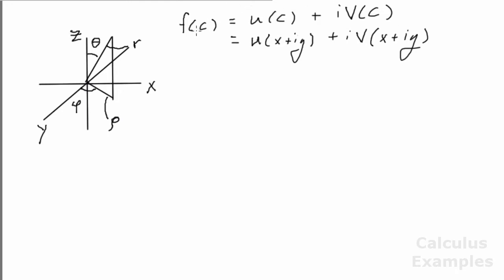We said we're going to write f in this form, u of c plus I v of c, which alternatively could be written u of x plus I y, plus I times v, a function of x plus I y. Either way, it doesn't matter. In this form, you can actually see things come out right when you take partial derivatives.